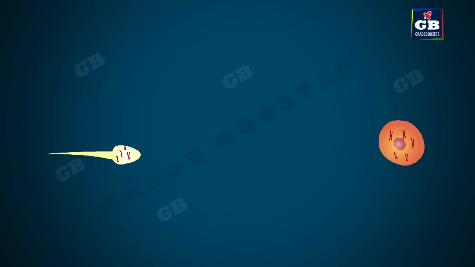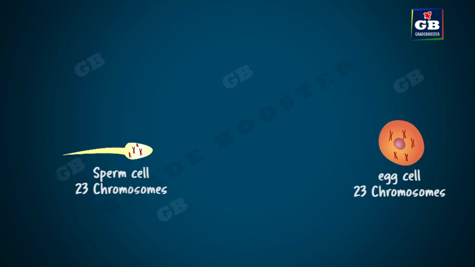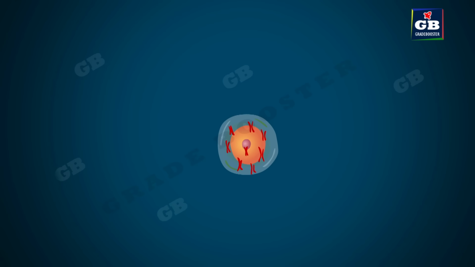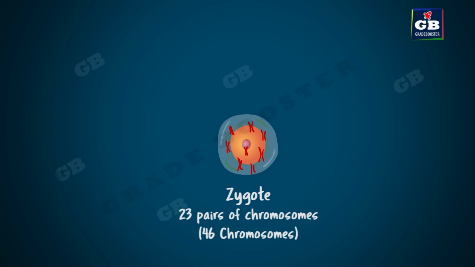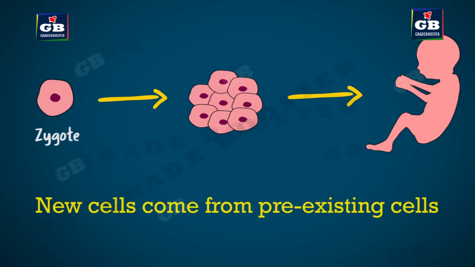This is because during fertilization, a male gamete with 23 chromosomes fuses with a female gamete with 23 chromosomes and forms a zygote with 23 pairs of chromosomes. That means 46 chromosomes. This zygote further divides by mitosis and develops into a baby.